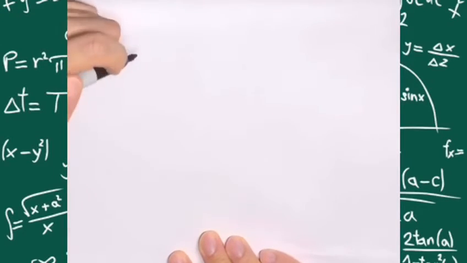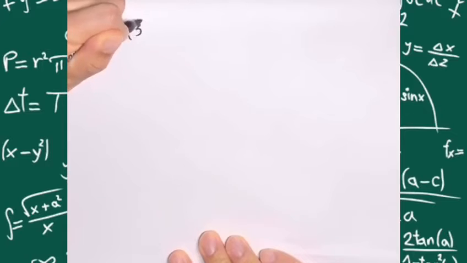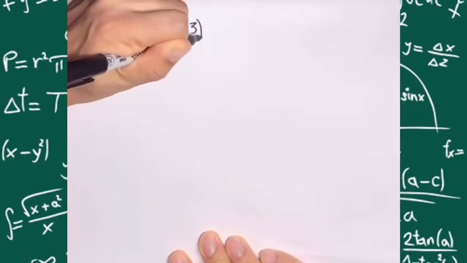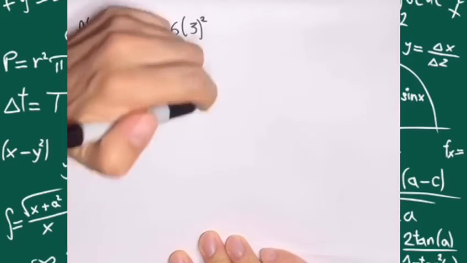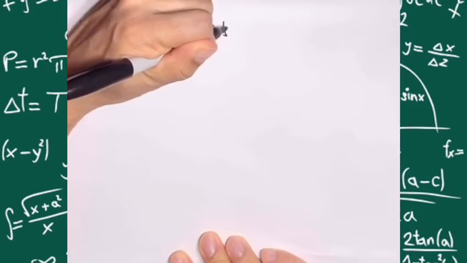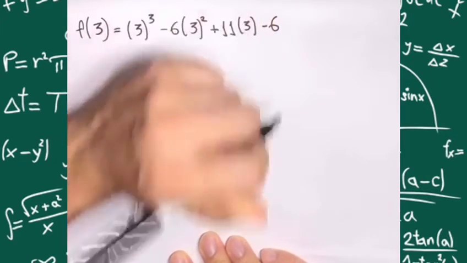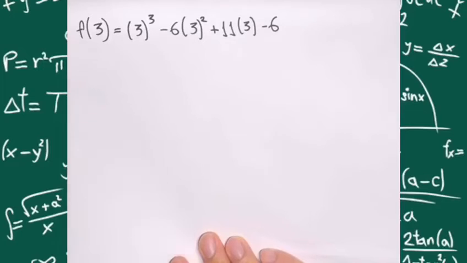F of 3, same thing. The only challenge is going to be the actual powering, the actual multiplication. That's where the challenge is. But all you have to do is replace x with 3. So we have 3 cubed minus 6 times 3 squared plus 11 times 3 minus 6. There we go. And then just get in the groove, okay? 3 squared is going to be 9. 3 cubed is going to be 27.